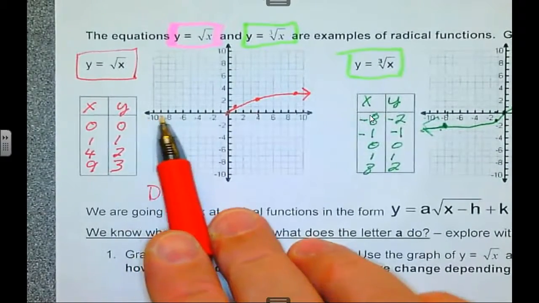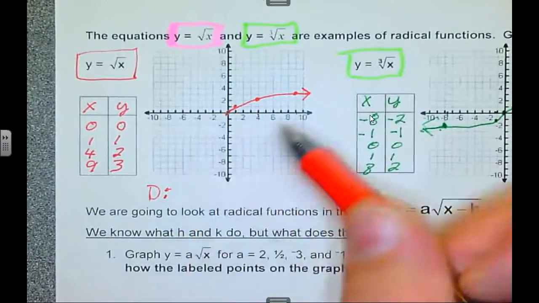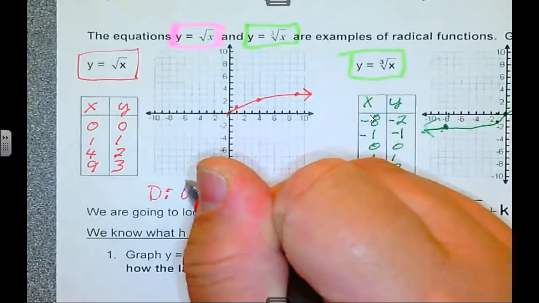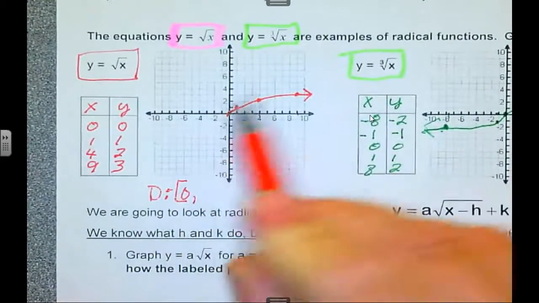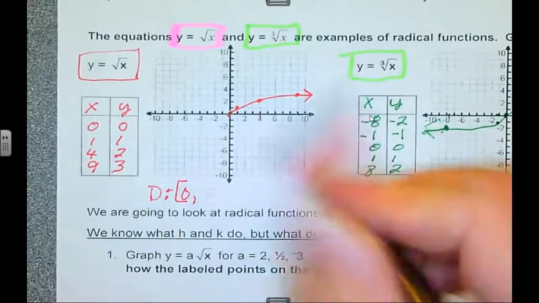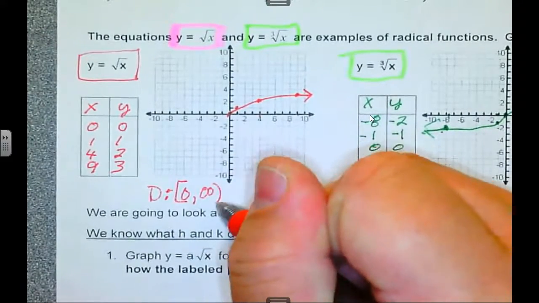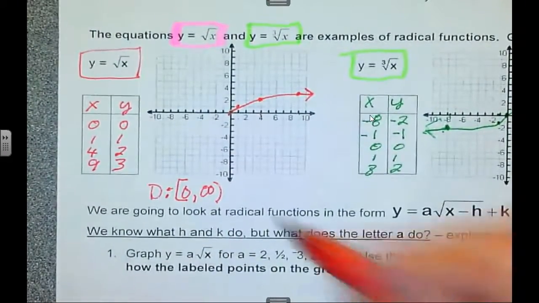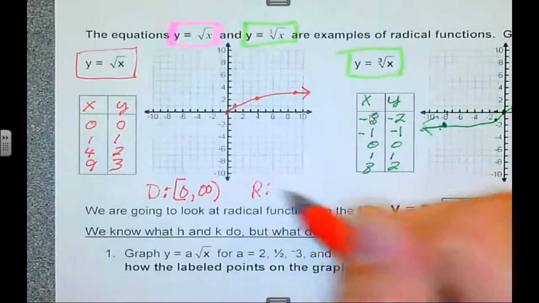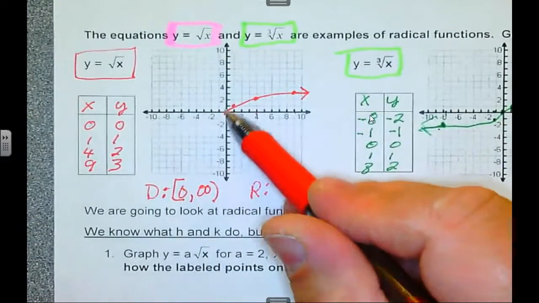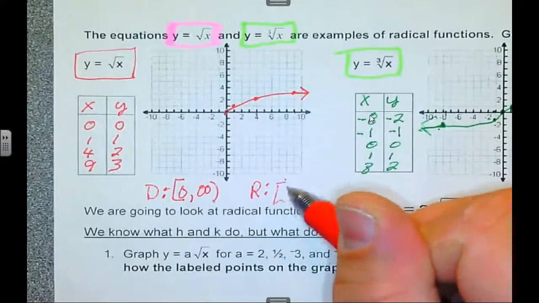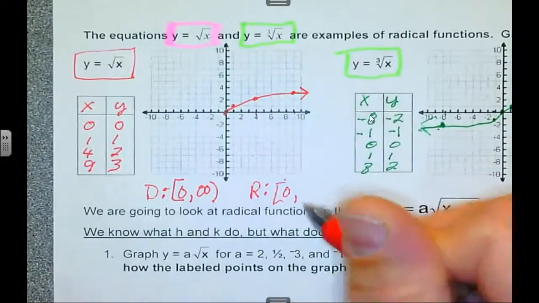Where does it start on the x-axis? Does it include 0? Where does it end up? Good. Okay, what about the range? Yeah, it starts at 0 and it goes up to infinity.